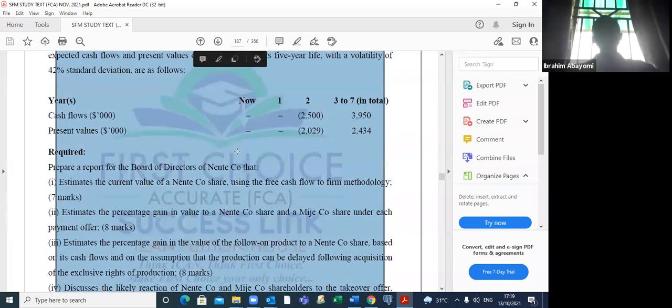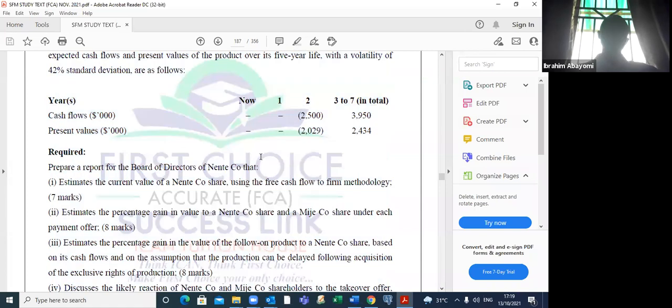So I said, background to this question is that this company has already acquired the right. And this right is what will enable the company to manufacture these products. The company has already acquired the right to manufacture these follow-on products. And the company has a right to delay the commencement of production of the follow-on product for 2 years.